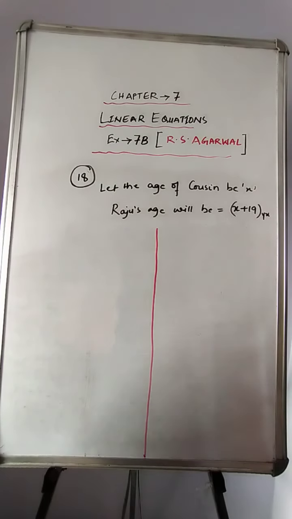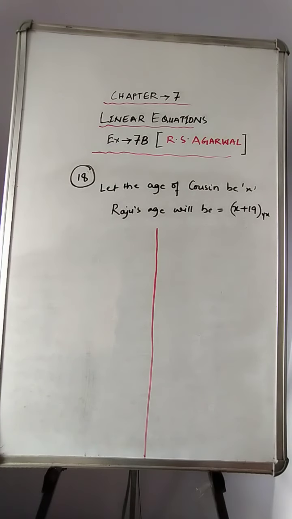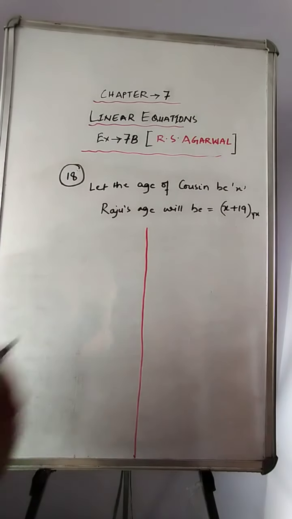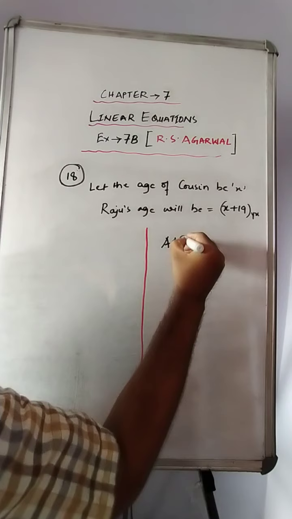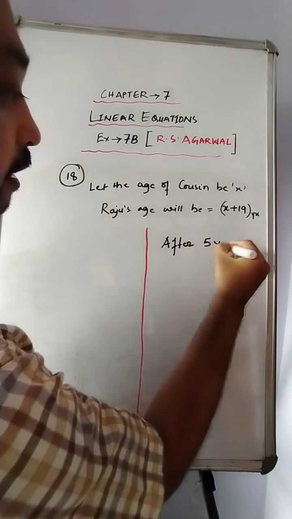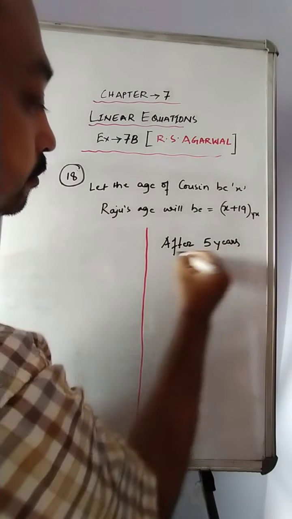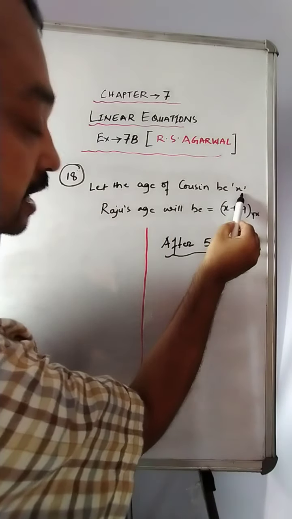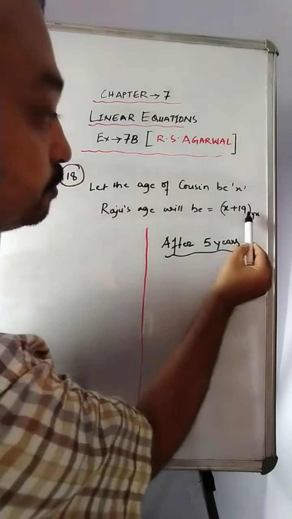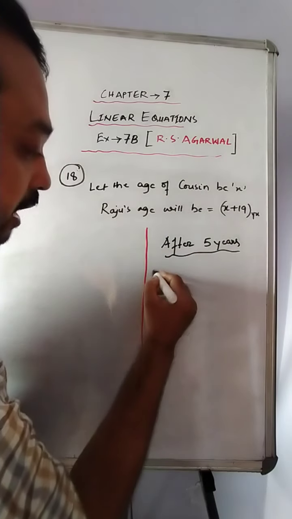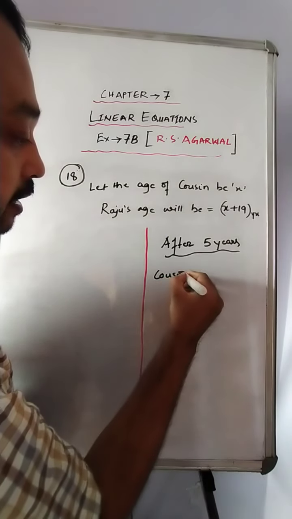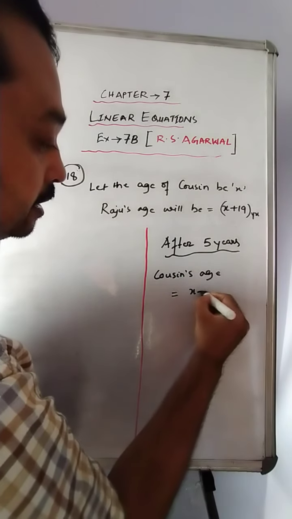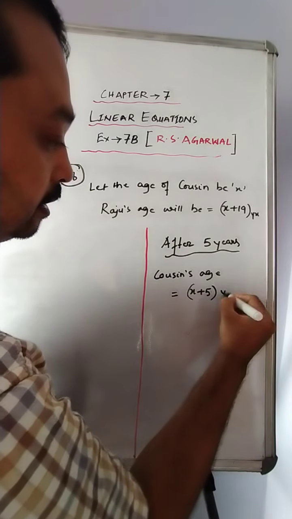Now in the next part of the question they have said after 5 years. The present age of the cousin is x and the present age of Raju is x plus 19. So after 5 years, the cousin's age would be x plus 5 years, isn't it?